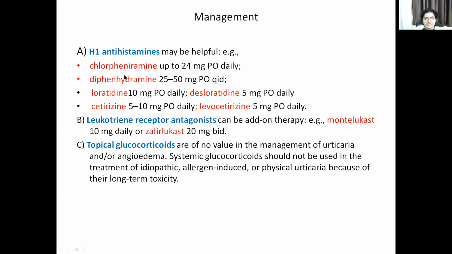So H1 antihistamines like chlorpheniramine can be given 2 to 4 milligram orally daily, or diphenhydramine, that is 25 to 50 milligram orally 4 times a day, QID. Loratadine, desloratadine, cetirizine, levocetirizine are the second generation antihistamines.